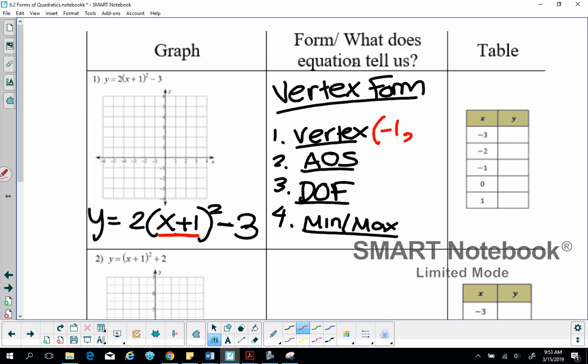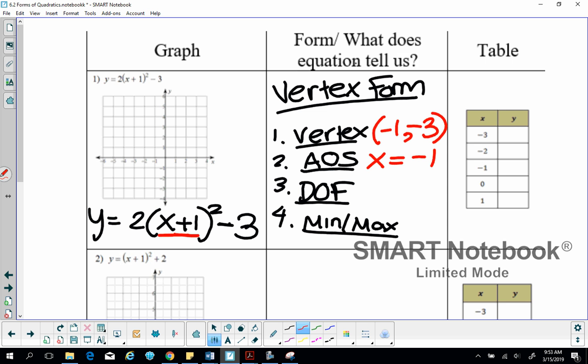Is this opposite or is it not opposite right here? This negative 3. Is it in the parentheses? No. So it's the same as what's outside. So my vertex would be -1, -3. That means what's your axis of symmetry? Good. X equals -1. Axis of symmetry is the x coordinate of your vertex.